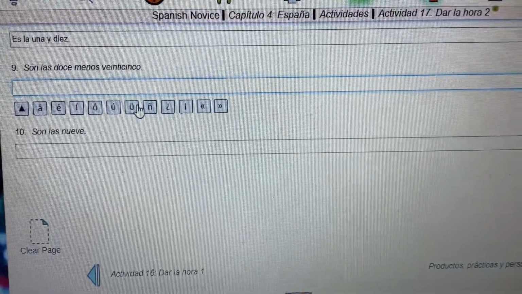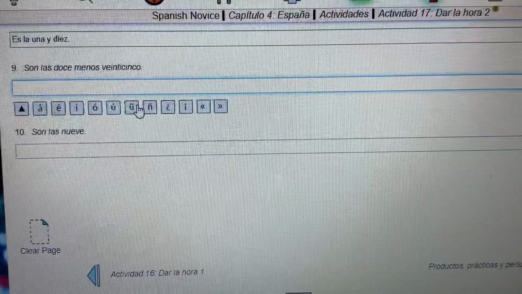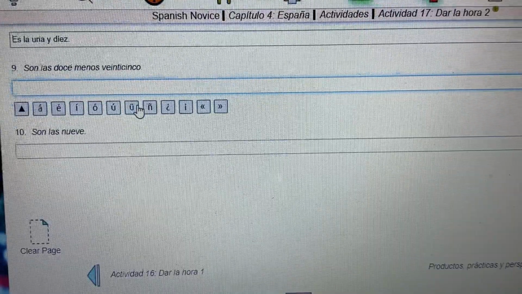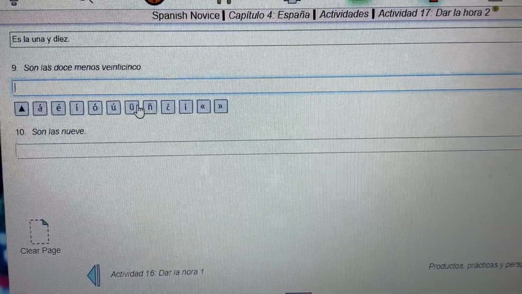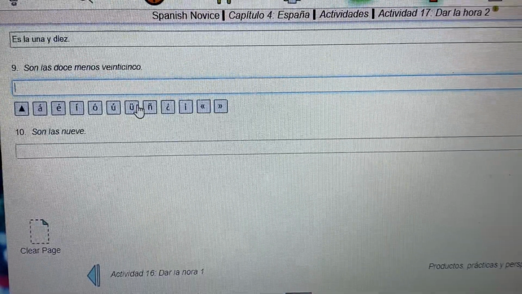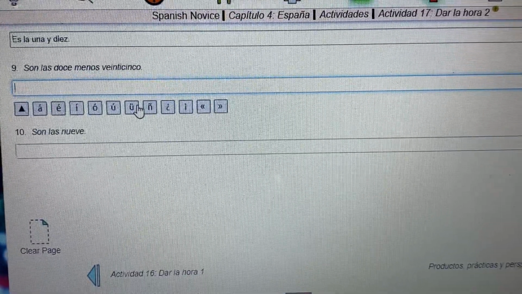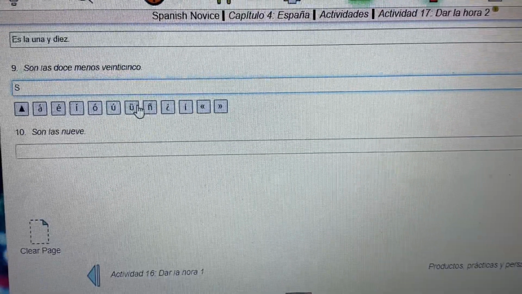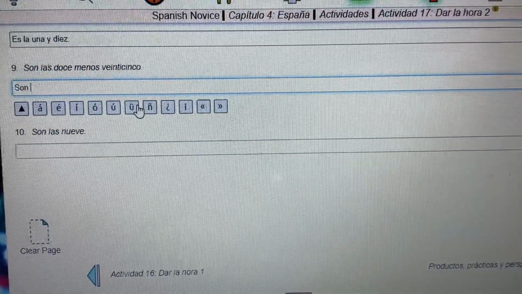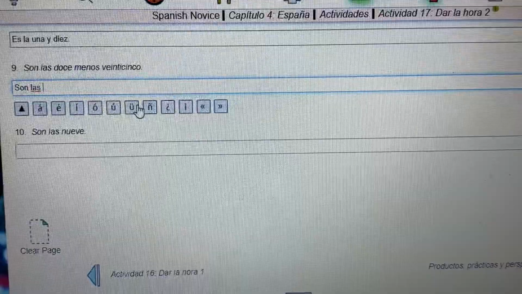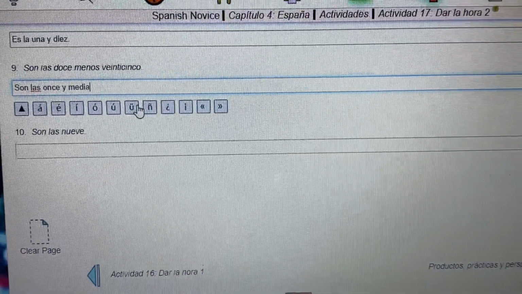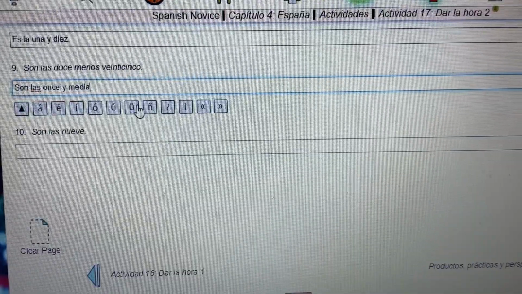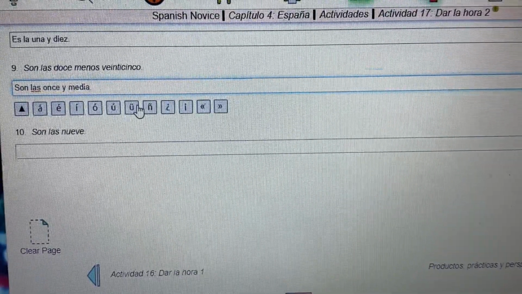So it's saying that it is 12 minus 25 minutes, which would be 11:35. If we subtract 5 minutes, that's going to make it 11:30. Son las 11:30. Punto.